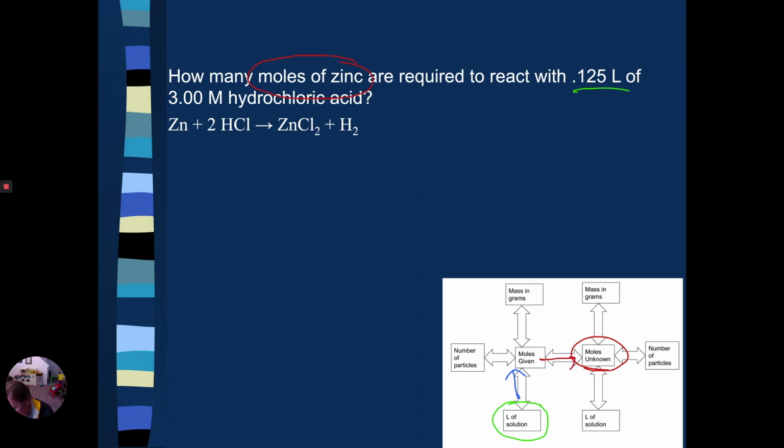Okay, so let's take the thing that we're given and pull that down first, 0.125 liters of hydrochloric acid, that's HCl. Okay, we're leaving liters. Once again, diagonal pattern. And I'm going to moles.